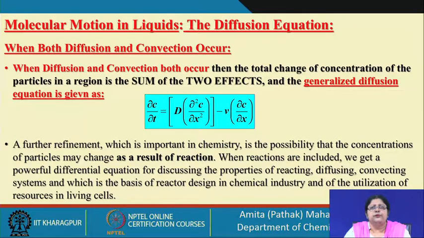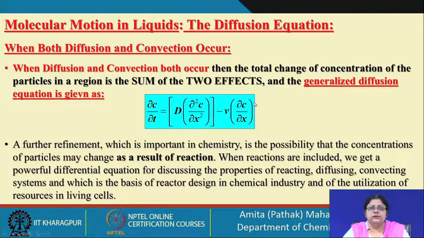And in nature, you actually have both of them existing together for the propagation of particles through the medium. If such a system arises, then we just take the summation of the two effects which we have already studied separately. This is for the diffusion control process, and this is for the convection control process.